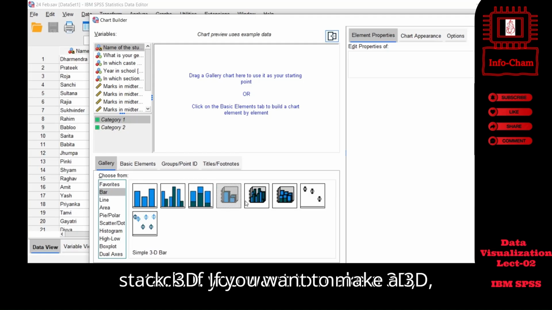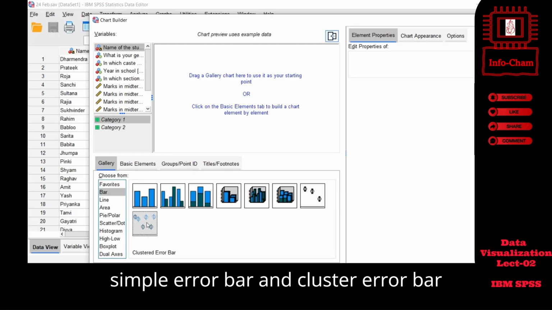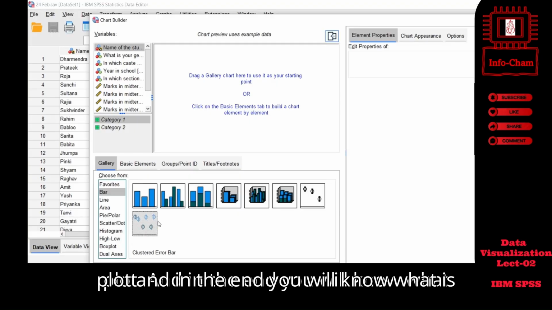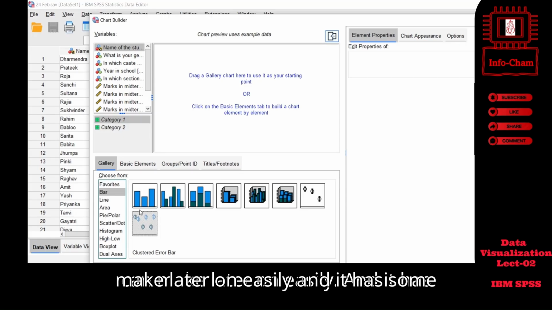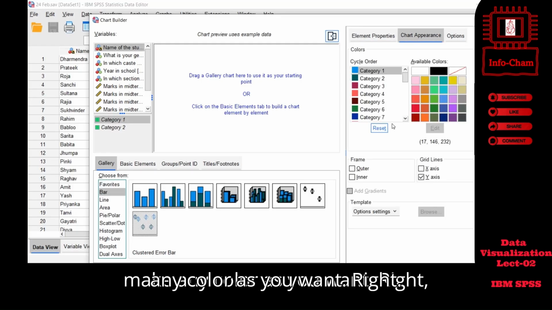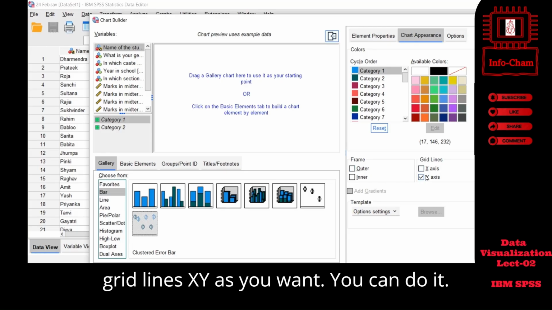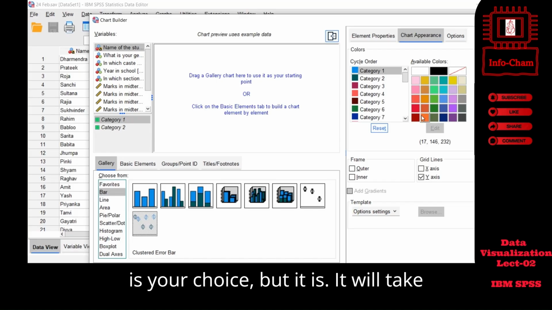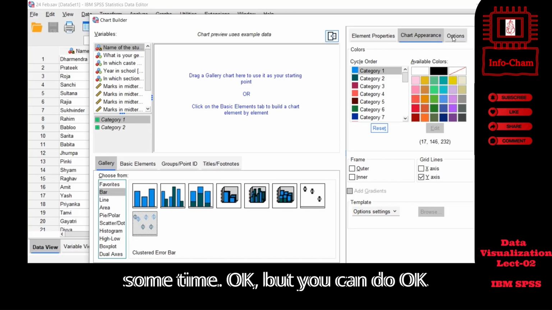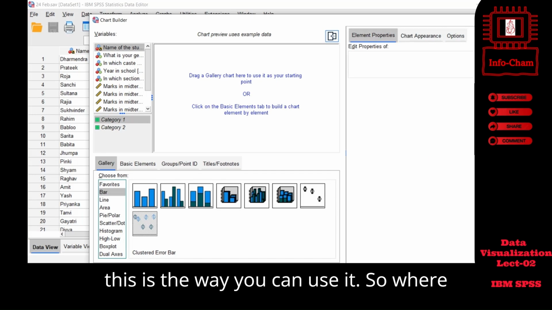If you want to make a 3D one, obviously you can, as it has another variant. This is the error bar, simple error bar, and cluster error bar plot. In the end you will know what the error bar and cluster error bar are, and you can make them easily later on. It also has some properties like chart appearance, where you can choose any color you want. You can set the frame, outer, inner, grid lines, and XY as you want. It is your choice, but it will take some time. It asks for practice. This is the way you can use it.